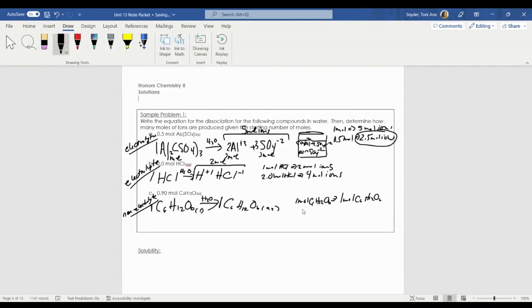So the question is asking if I had 0.9 moles of glucose, how many moles of glucose dissolved would I have? It would still be 0.9 because it's a 1-to-1 ratio. And that's how we have to take a look at dissociation, is what is this breaking up into in solutions? What ionic bonds am I breaking? Or what very polar molecular bonds am I breaking?